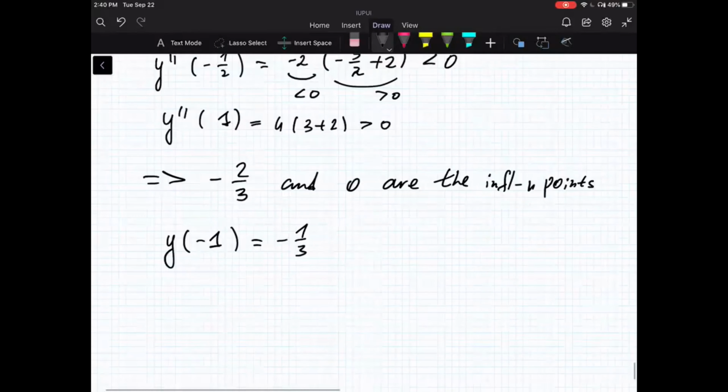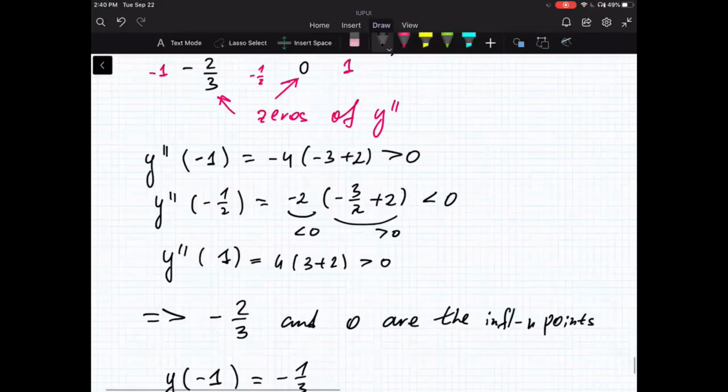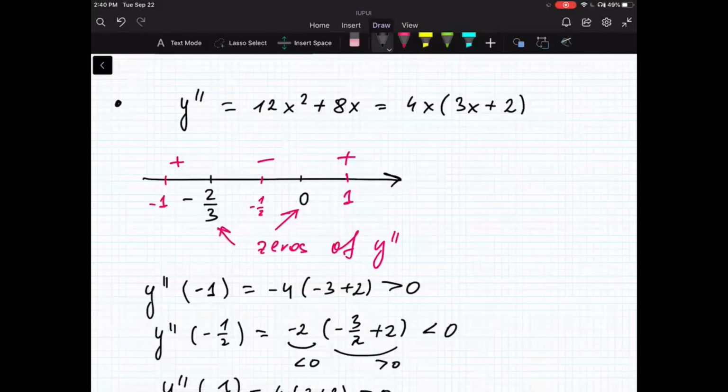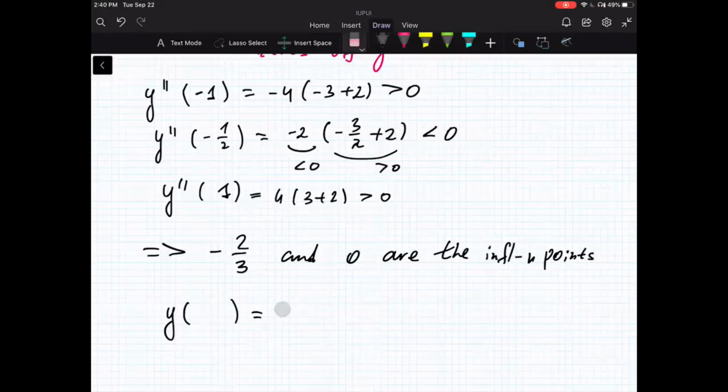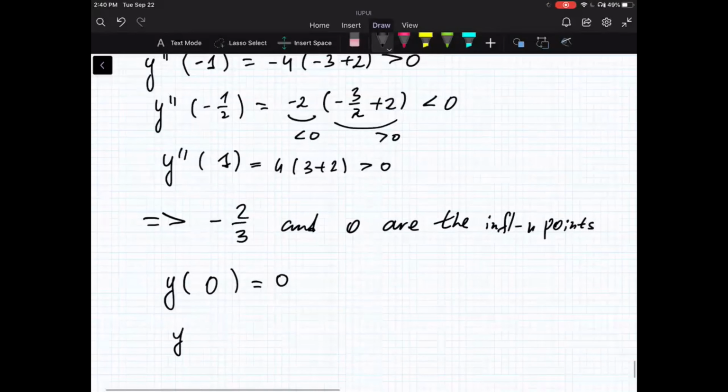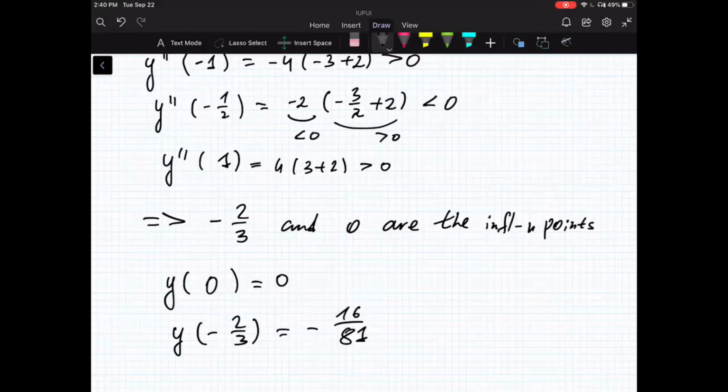And the value at 0 is what we calculated, 0, and what I need to find is y of -2/3. Again, if you plug it in, you will get -16/81. It's not that interesting, so I'll skip the calculation. Again, you should plug it into the initial function, not into the second derivative.